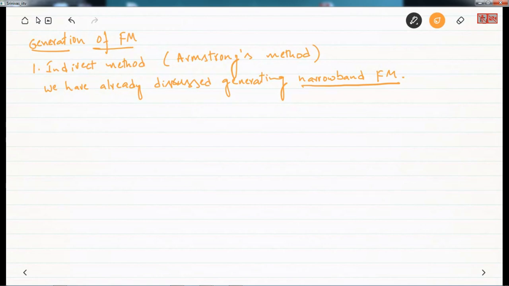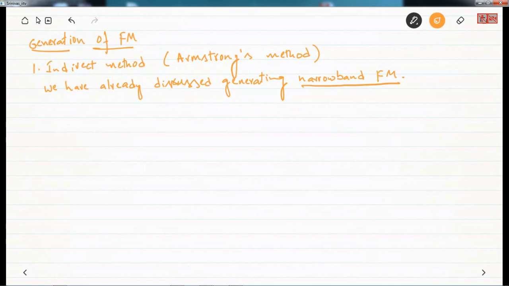See, what is the physical meaning of narrowband FM and wideband FM? Yes, you have to think that narrowband FM beta is less than 1 and wideband FM beta is greater than 1. But what does it mean physically? What does it mean from the signal point of view, right? So in a narrowband FM, the carrier frequency is there, and compared to carrier frequency, the frequency deviation is small. In wideband FM, the frequency deviation from the carrier frequency is very high.